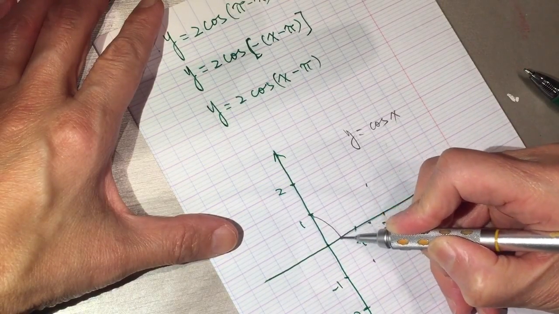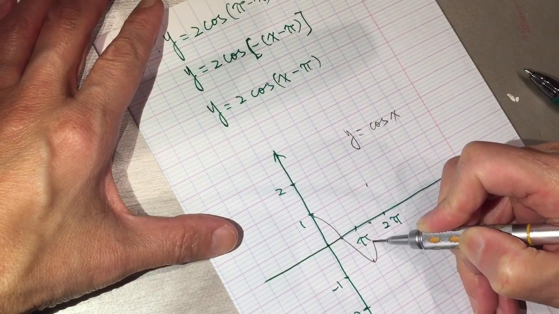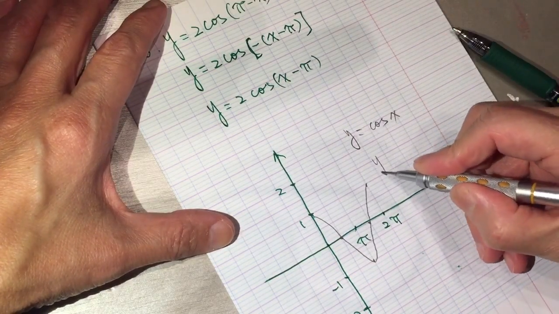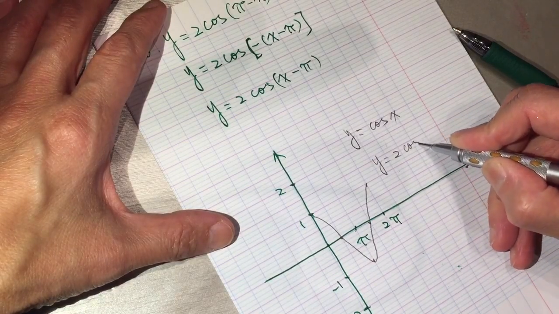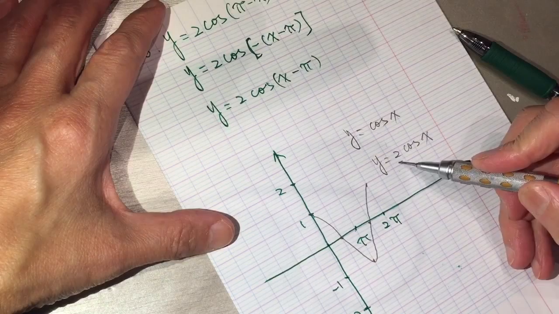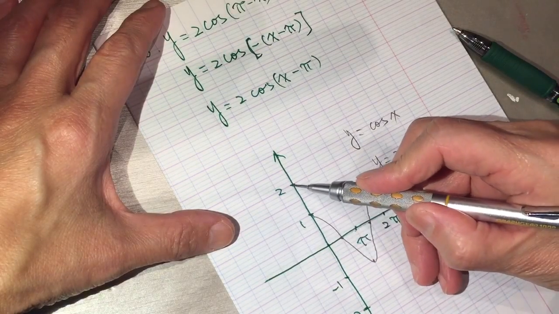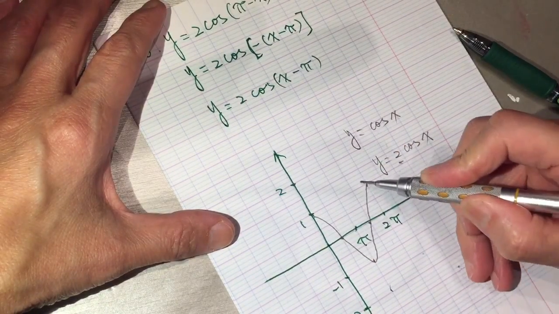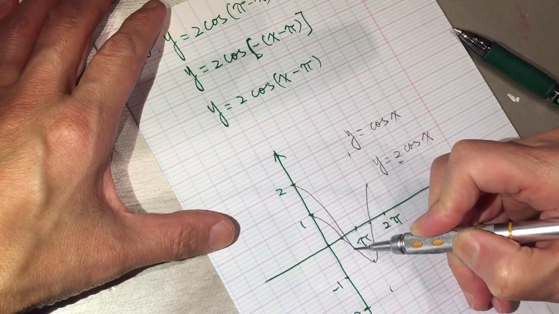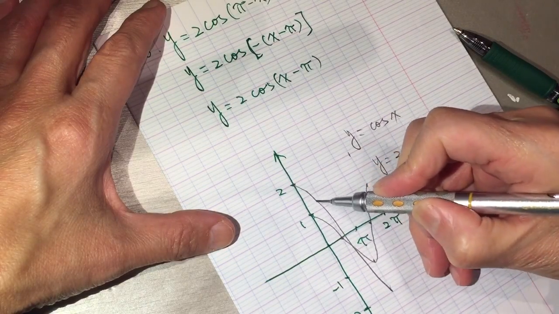And now we draw y equal to 2 cosine x. So the coefficient is 2, everything could increase.